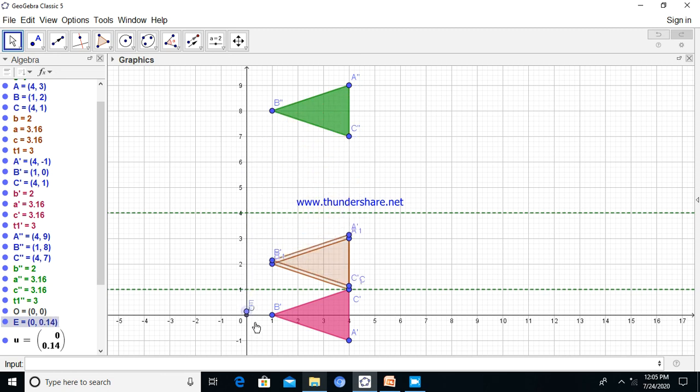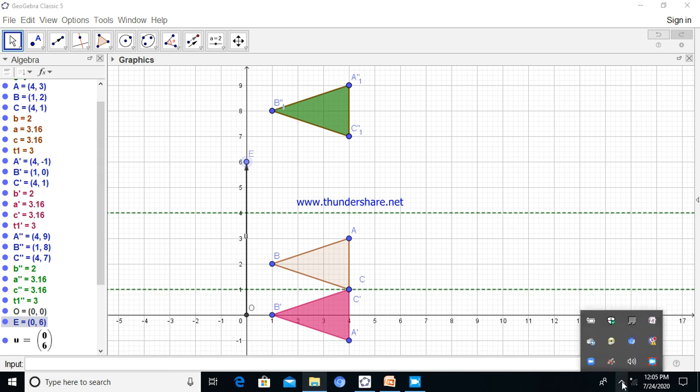This triangle ABC, when we do translation like this by the vector (0, 6), also forms triangle A double dash B double dash C double dash. That's why if the lines of reflection are parallel lines, then the single transformation is a translation, and you have to explore that translation vector by inspection, meaning by observing very carefully. It is possible to find that translation.